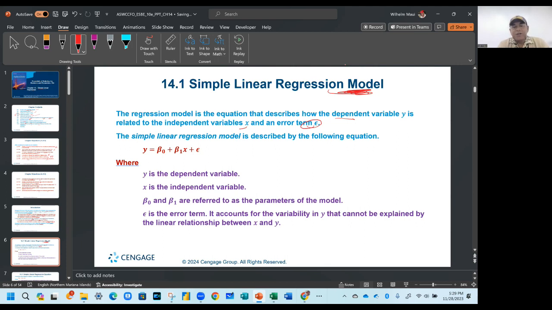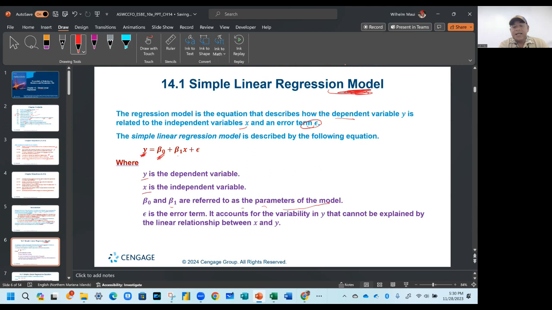Now the simple linear regression model is described by this. Here's your dependent variable, and this is your intercept, so they're being defined here. Beta 0 and beta 1 are referred to as the parameters of the model: beta 0 is your intercept, and beta 1 is your coefficient that defines the relationship between x and y.